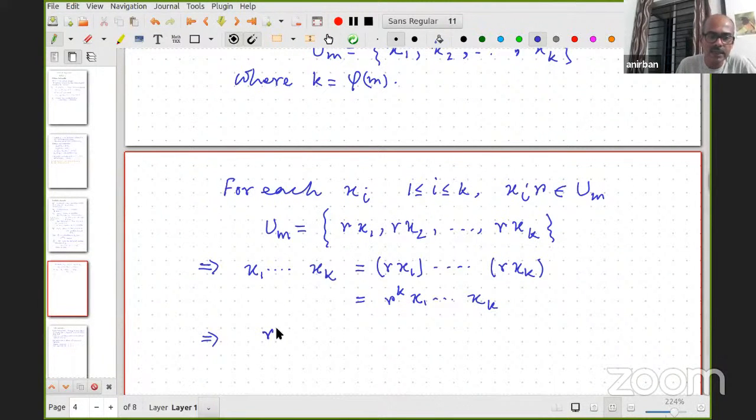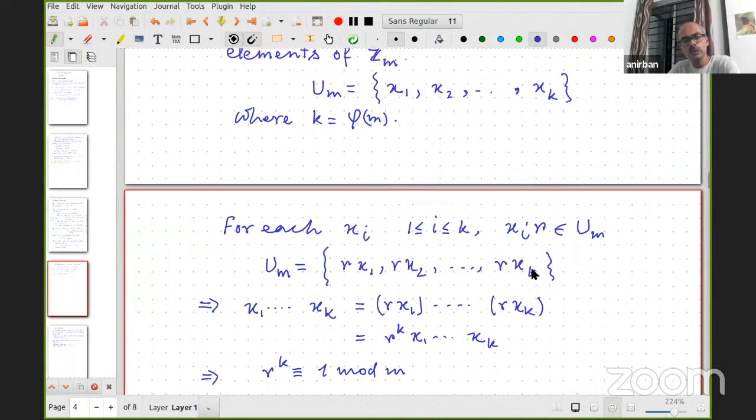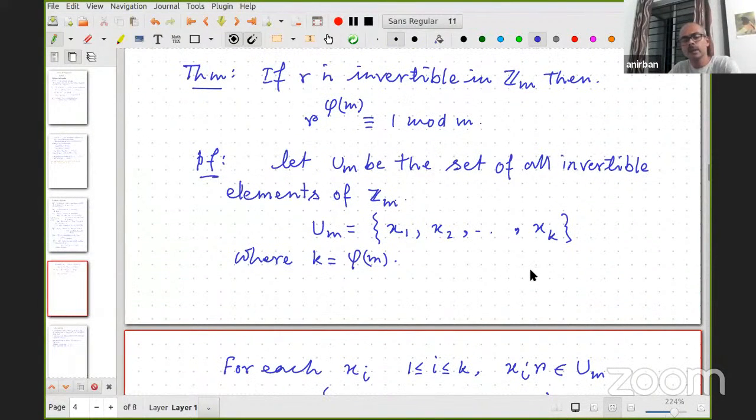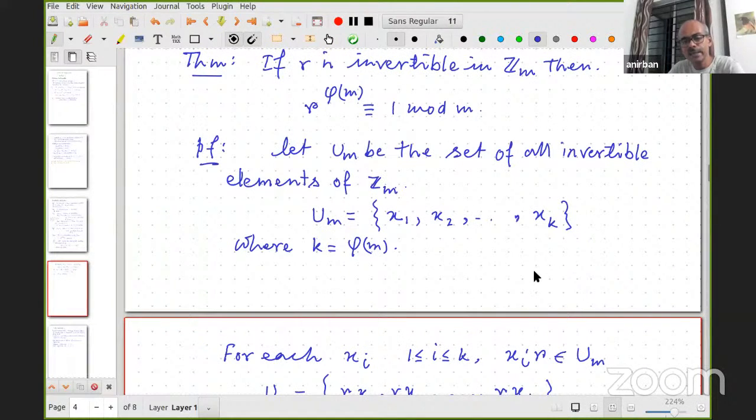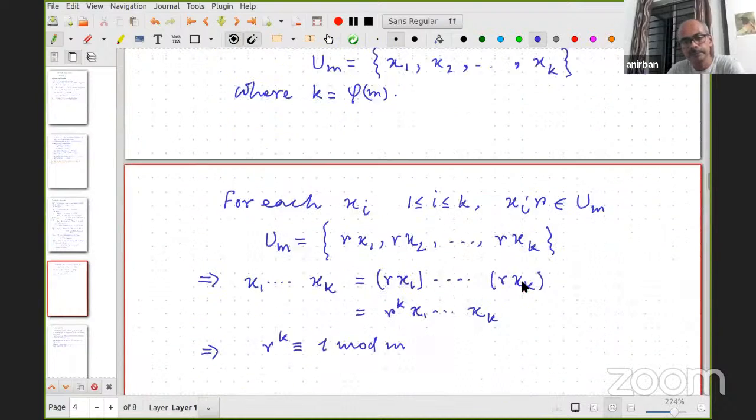So you can say that r to the k is 1 mod m, and that is what we wanted to say, because k is phi of m. That proves the theorem. So if you have an invertible element r in Zm, then r to the phi m, Euler phi function, is 1 mod m.